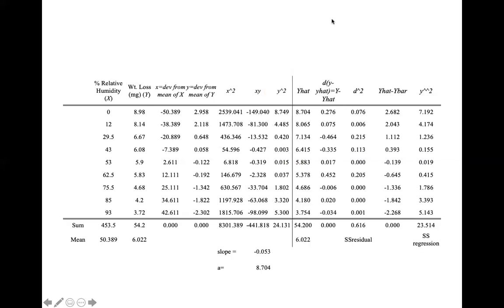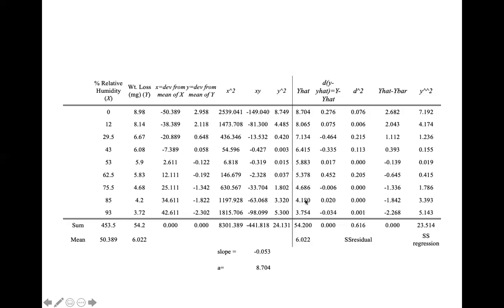So when we look at the main effect here that we're interested in, how does the predicted value differ from the grand mean? For these values that are close to the grand mean at the middle part of the regression, 5.9, 5.83, these are all close to the average value in the same way that the predicted values are close to the value in the middle.